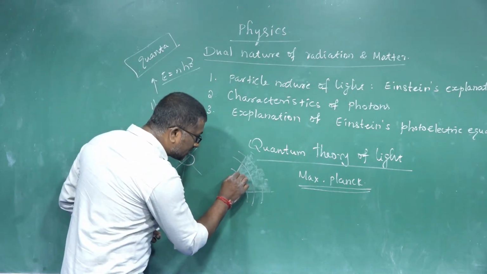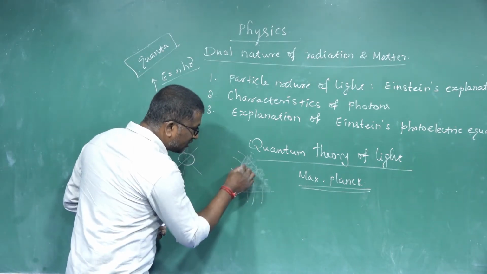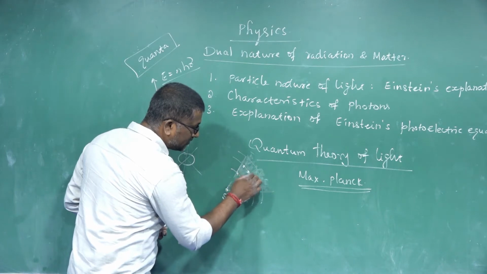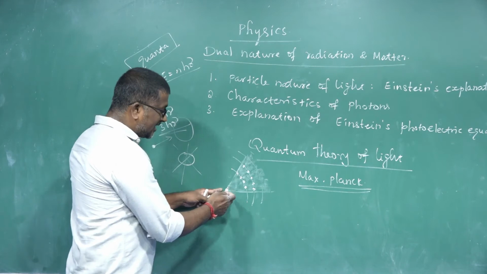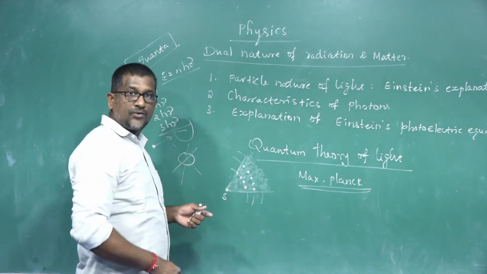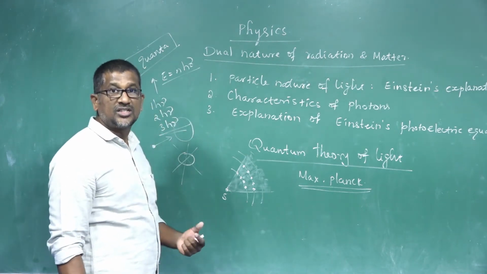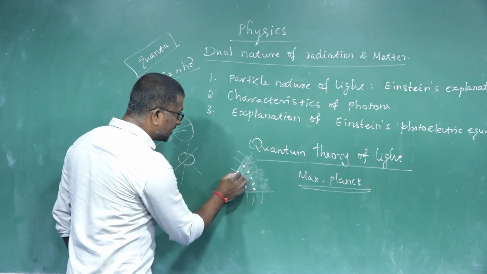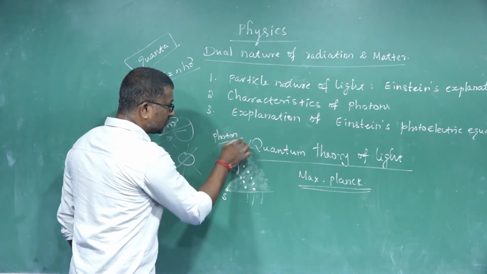It is concentrated in small packets of energy. So according to Albert Einstein, the light energy emitted from the source cannot be spread out over the wavefront. It is concentrated in small packets of energy called photons.